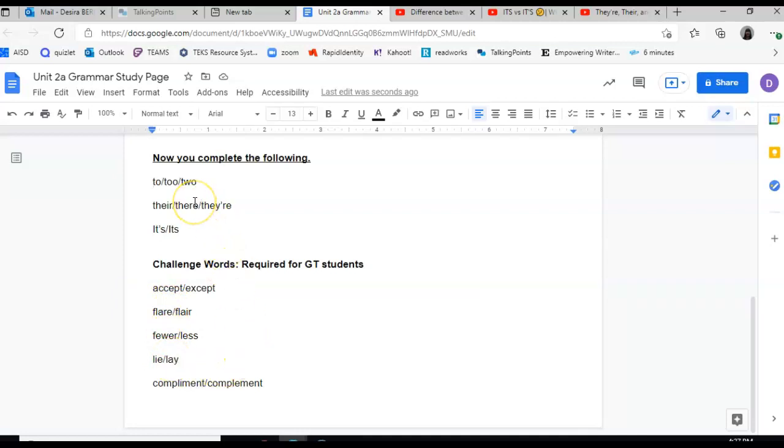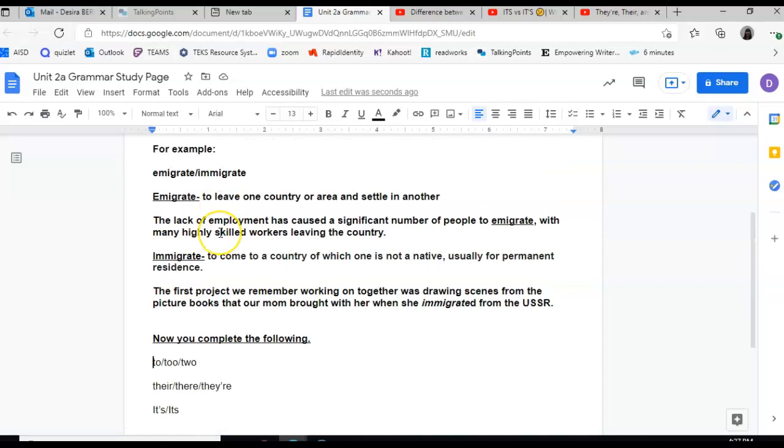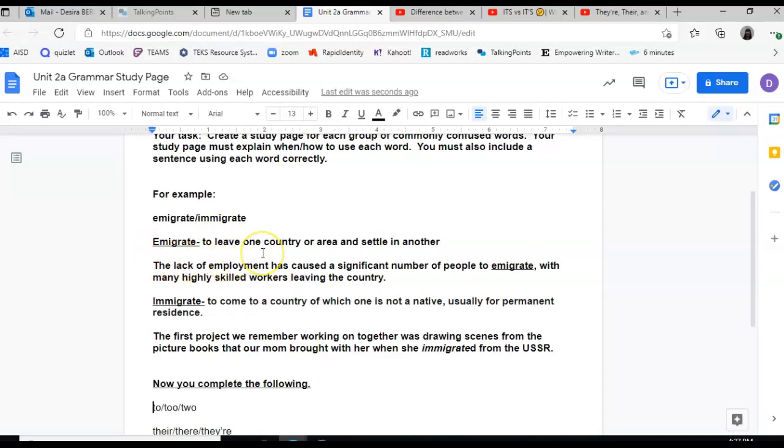So, to, too, and two. You now need to get your piece of notebook paper, and on your notebook paper, you're going to write it just like I have. You're creating a study page. You're going to write to, T-O, and then you're going to watch the video and listen and figure out when do you use to, T-O.